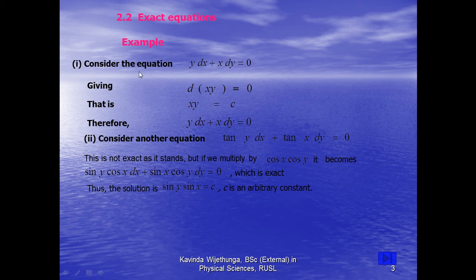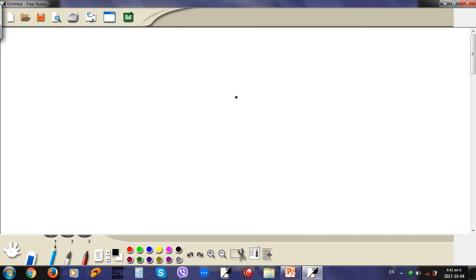So consider the equation. First of all, I will explain how we can find whether a given differential equation is exact or not. Exact differential equations: what is our form?